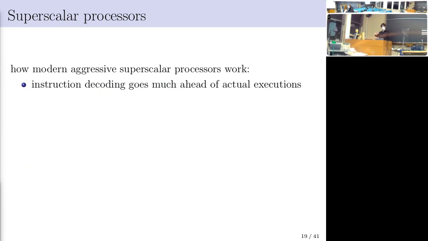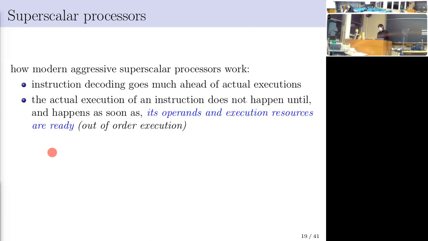But the instruction fetching and decoding generally goes much farther ahead of the actual execution. And the actual execution of an instruction generally happens as soon as its operands and execution resources become ready. It is something called out-of-order execution.